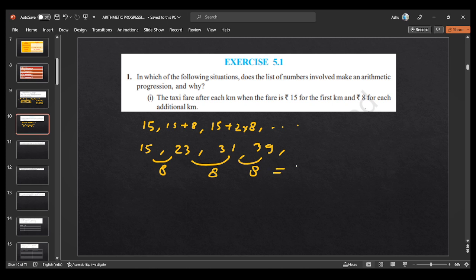So the common difference CD is 8, and we get 15 as the first term. So A1 is 15. Here it is A1, A2, A3, A4, and so on.